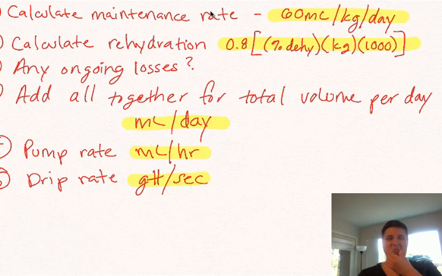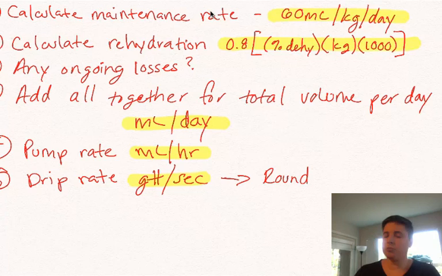And then there's a little trick we're going to do when it comes to that, because you're going to get some weird, funky decimal. So I'll make the note here so you have it. We have to round for a countable rate, and I'm going to show you guys how to do that.